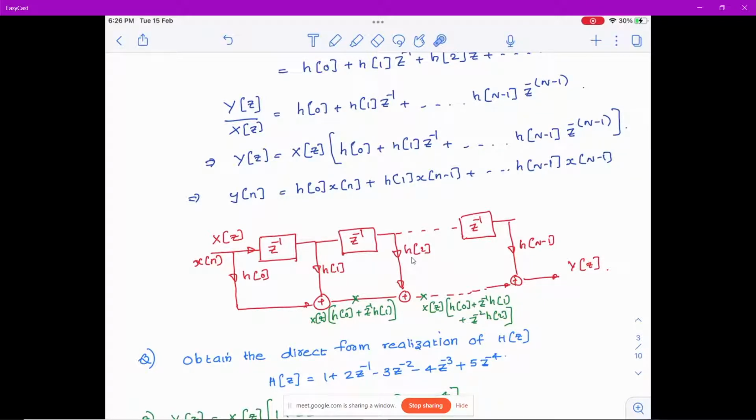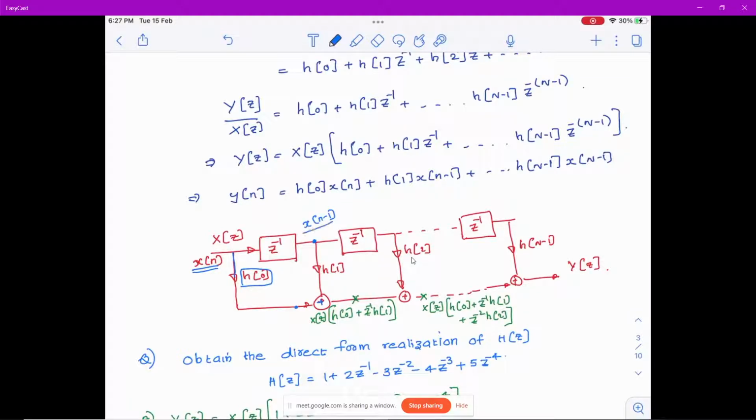Okay, you delay this, so you will get here x of n minus 1. So this x of n, when it goes through here, it will be multiplied by h of 0. So whatever you get here is either you can say it as x of z into h of 0 or x of n into h of 0, whichever domain you are taking.